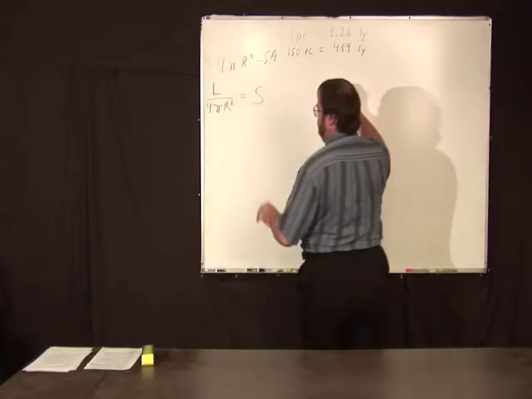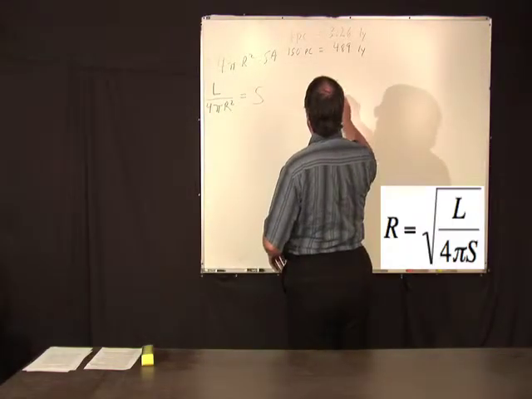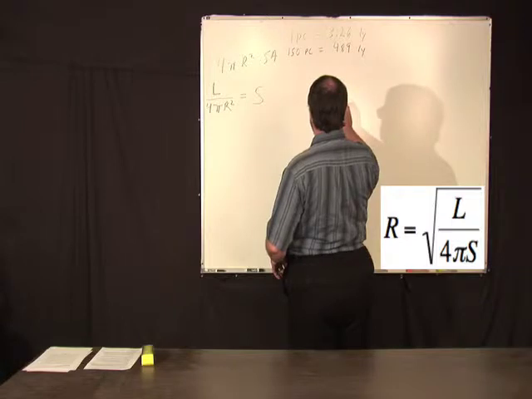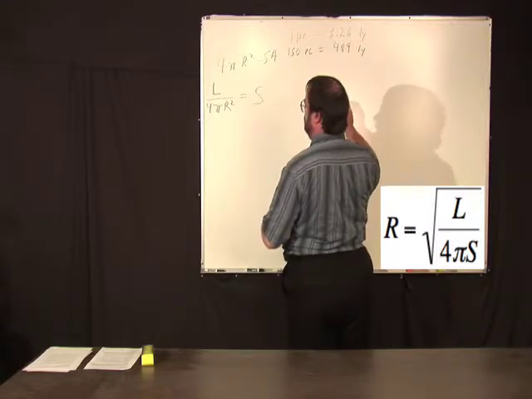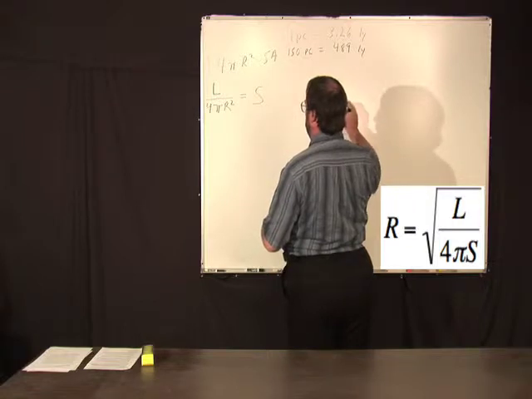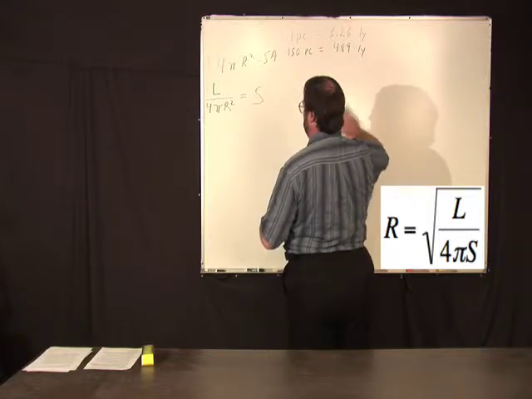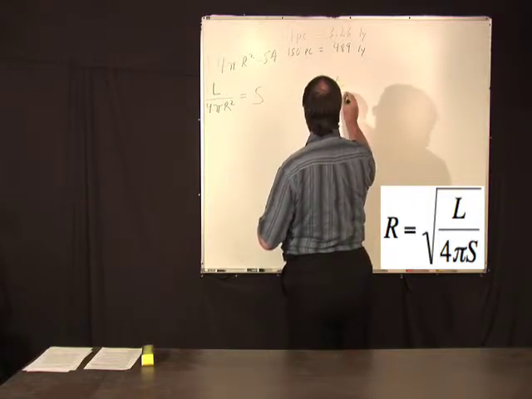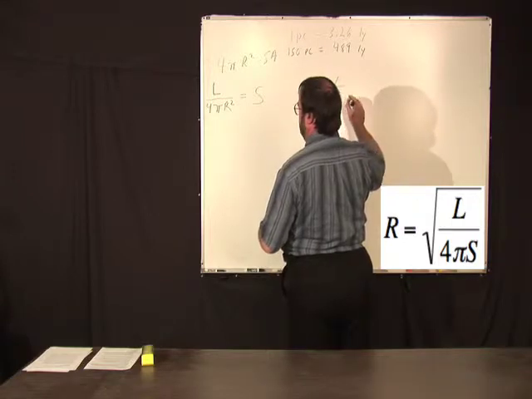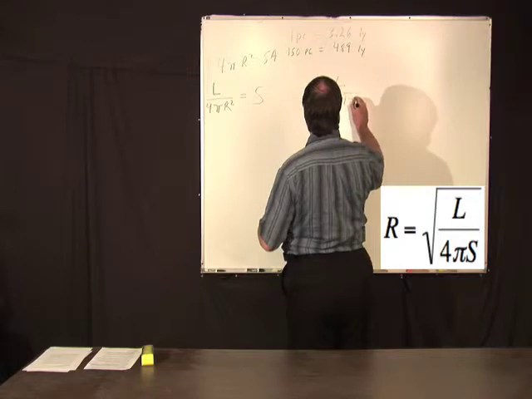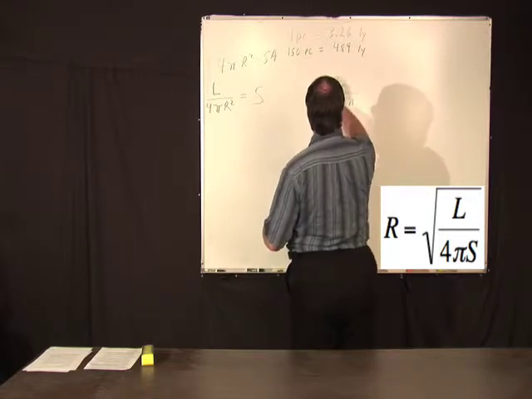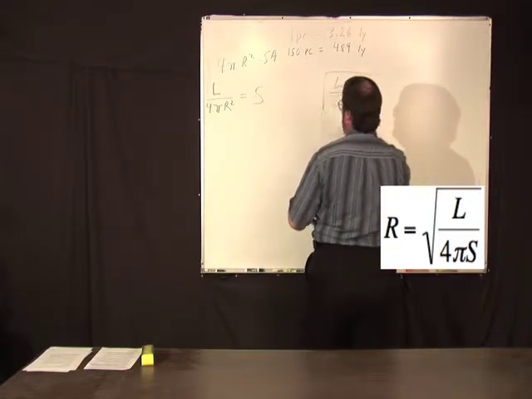So if you take L over S, divided by 4 pi, the square root of that is r.